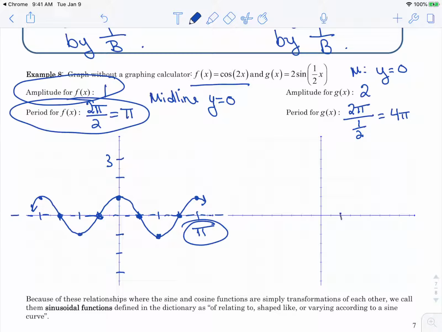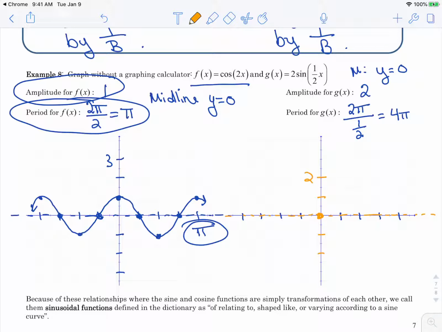So to give myself a scale, 1, 2, 3, 4. 1, 2, 3, 4. I'm going to change colors just so it looks different. And 1, 2, 1, 2. Sine starts at your midline, so giving myself the midline.